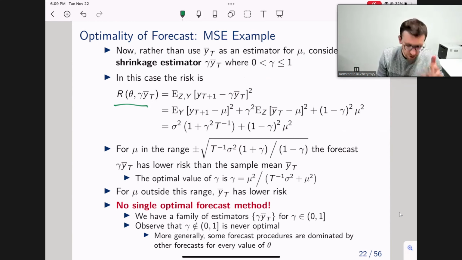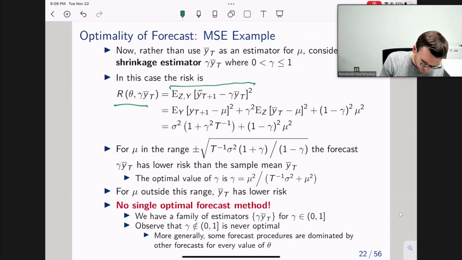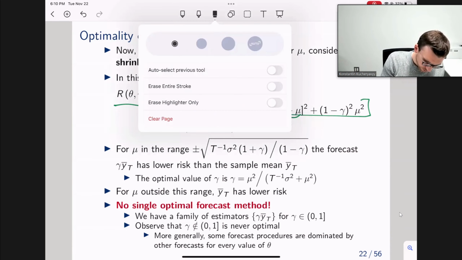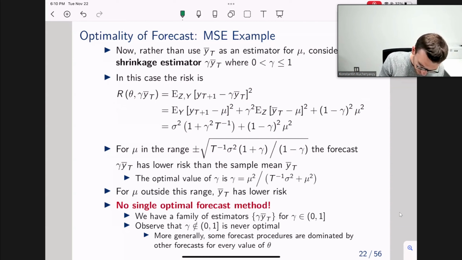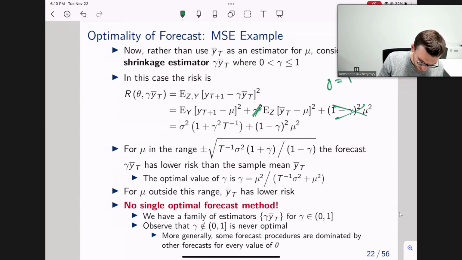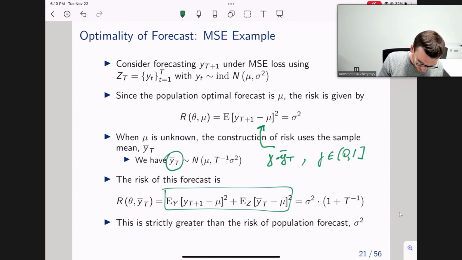After doing some simple algebra, you can do this algebra, I'm pretty sure, very quickly. So we just calculate the expectation of y_{t+1} minus gamma times average y_t. Then again, doing the trick with mu, we get this thing. Just to check, if gamma is equal to 1, then this term will disappear, this will disappear, and we are back to here.